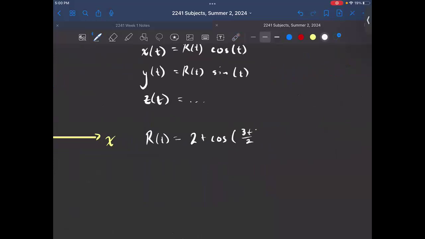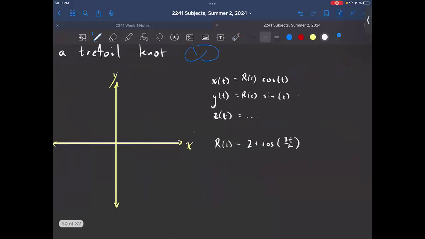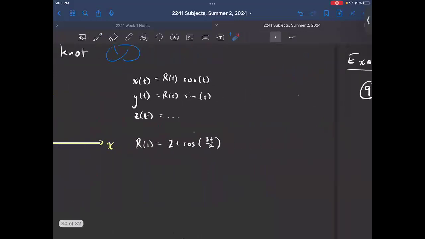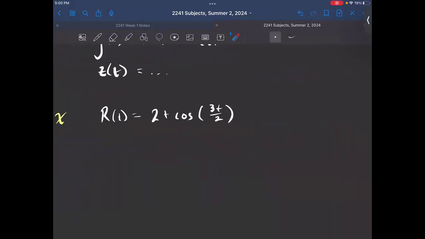So I'm going to suggest that we want 3t over 2 here. And let's think about why this is. Why does 3t over 2 work? Well, we want our radius to have a period of 4 pi over 3, right? We want to go all the way around here before getting to a max again. And then a min halfway in between. Does that work? Well, if t equals 2 pi over 3, what do we have here? Well, we get cosine of pi. 2 pi over 3 and 3t over 2 cancel out, and I get cosine of pi is -1.